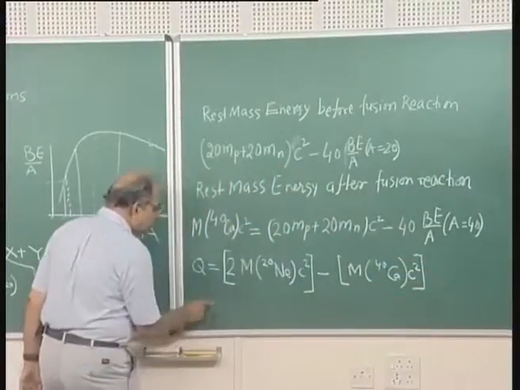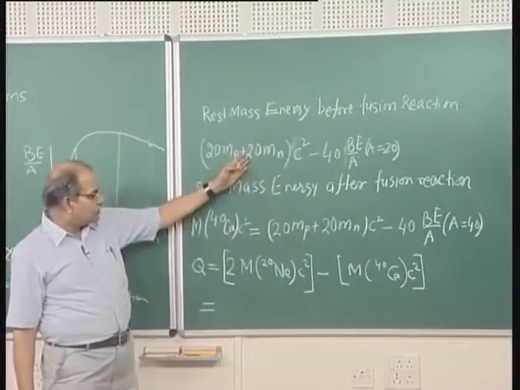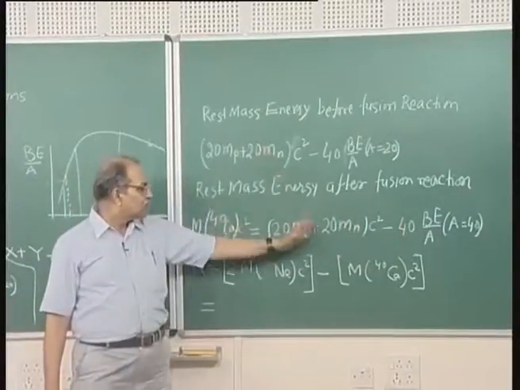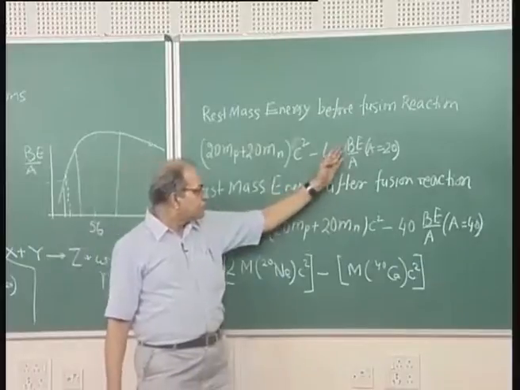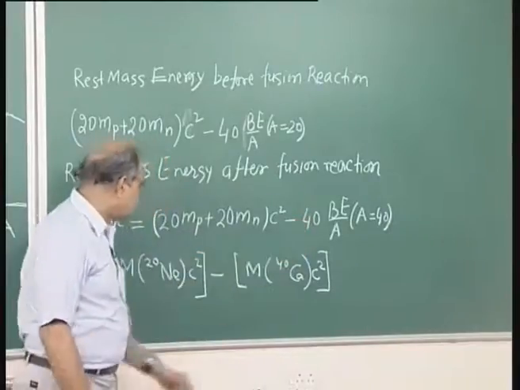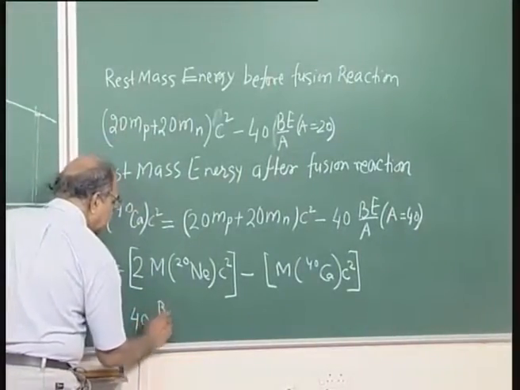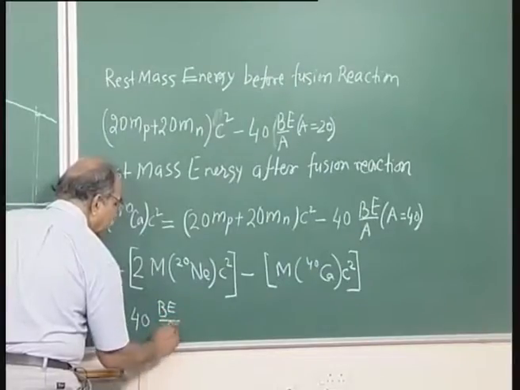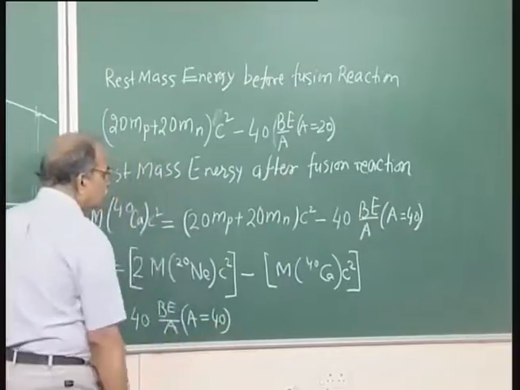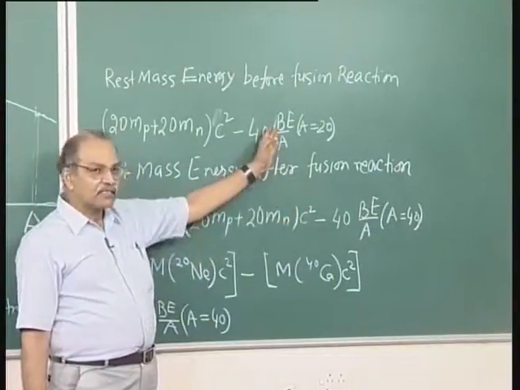And when you subtract this final mass from this initial mass, all this 20 Mp plus 20 Mn c squared cancels out, and here you will have this minus this. So, this will become positive. This is equal to 40 times B_E per nucleon at A equal to 40, right. You are subtracting the final rest mass energy from the initial rest mass energy.